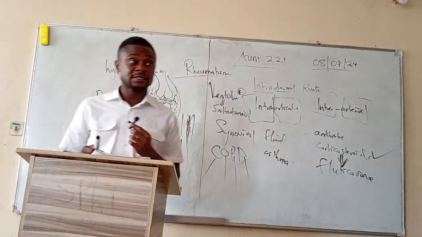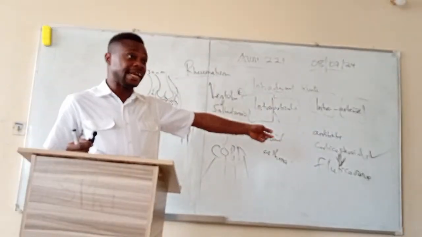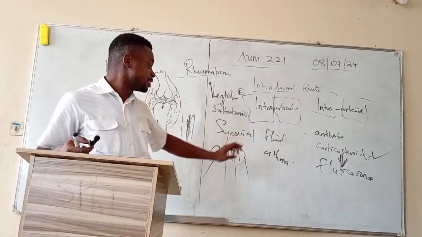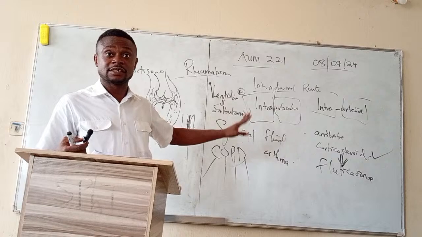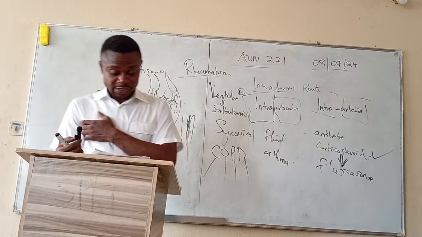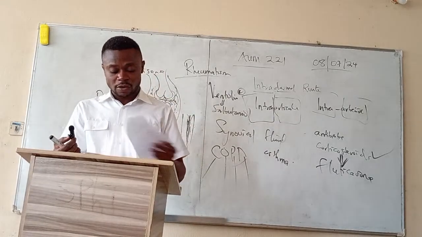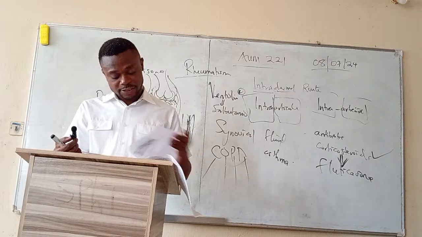Am I communicating? You know that corticosteroids have anti-inflammatory effects. Theirs is to tackle the inflammation. But don't worry, we'll discuss that in detail in your second semester. All right, so these are some examples of drugs that can be administered through inhalation.